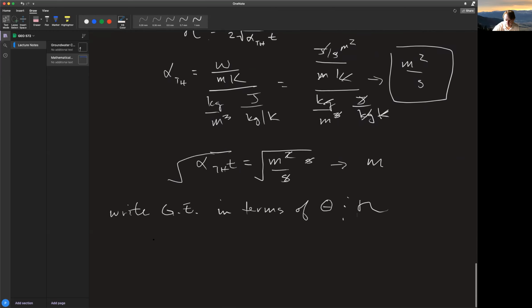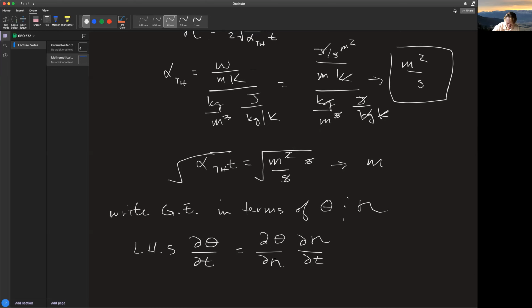The left-hand side is d theta dt, and we're going to use the chain rule to say that's equal to d theta d eta, d eta dt.